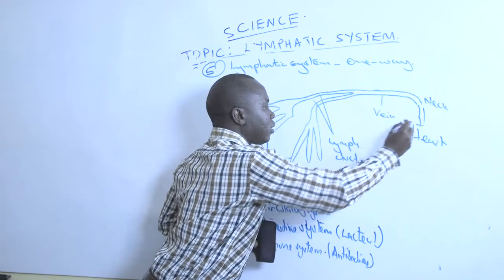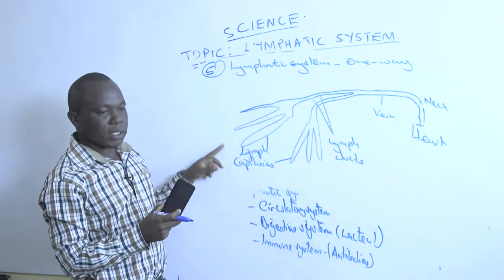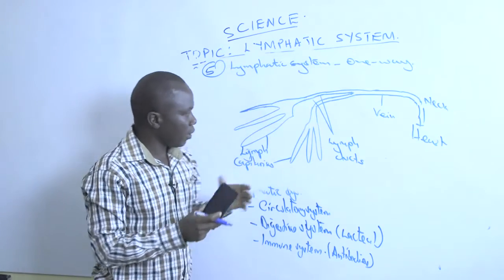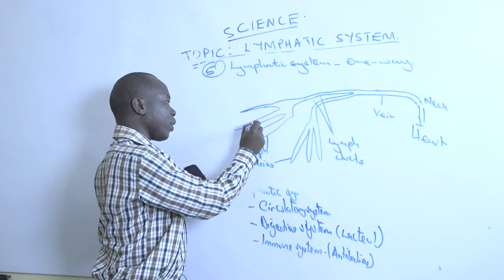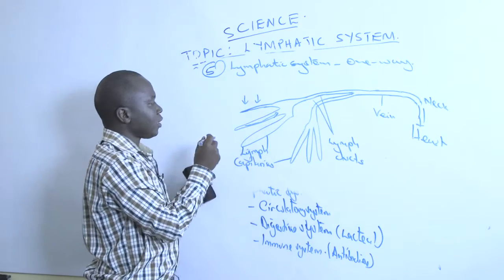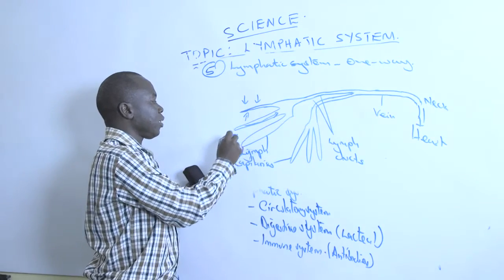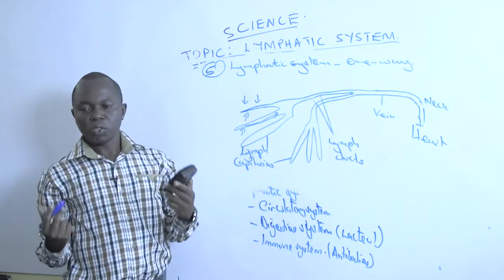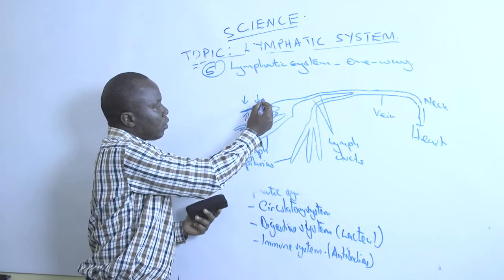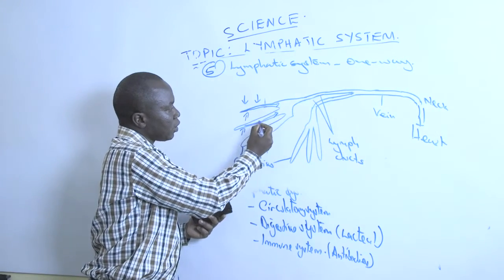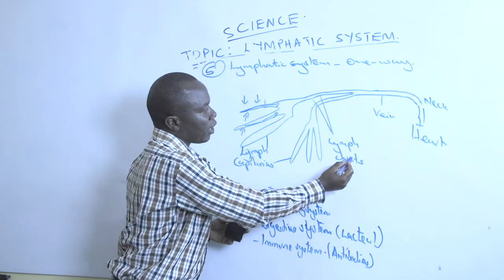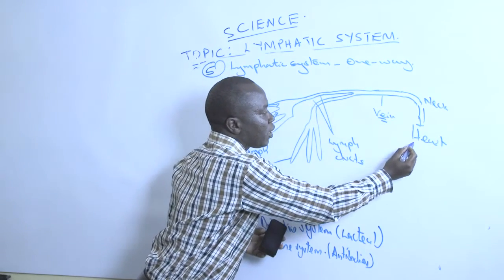So this end here is closed. That's why we are saying it is one-way. So lymph will be flowing in this direction. After bathing the cells, supplying them with materials, nutrients, and other things, this fluid will drain into these lymph capillaries, join into the lymph ducts, into the vein, into the heart.